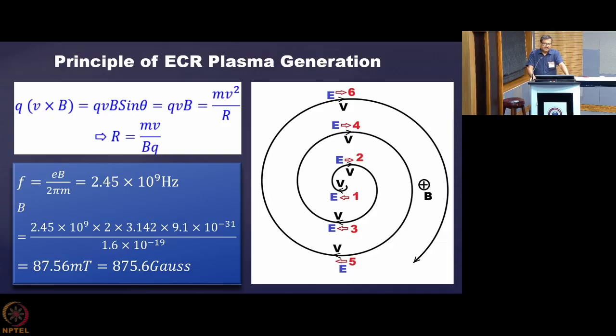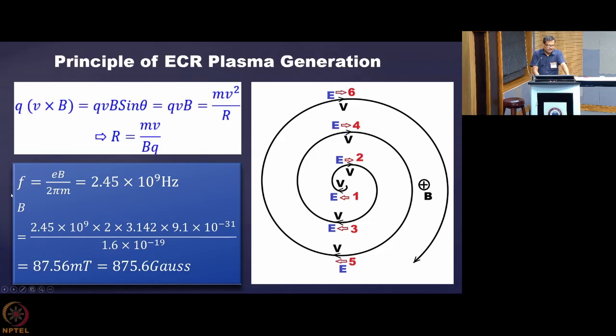Now you know that when a particle operates in a magnetic field, then the frequency of gyration, omega, is eB by m. Omega is the angular frequency, omega is 2 pi f.